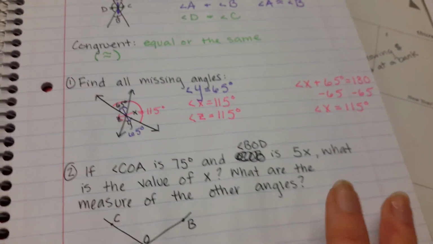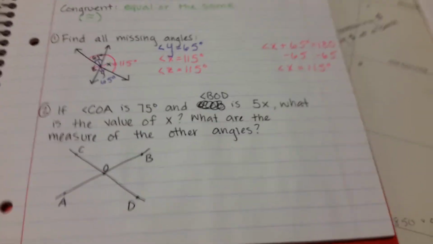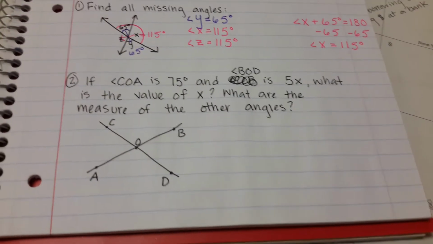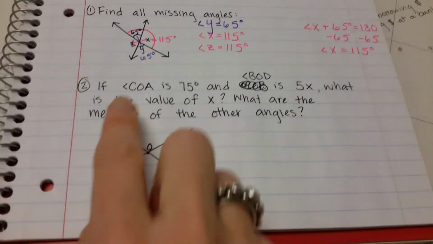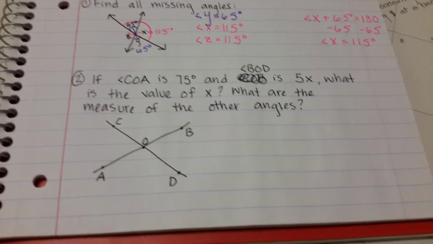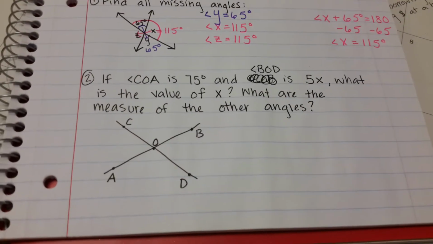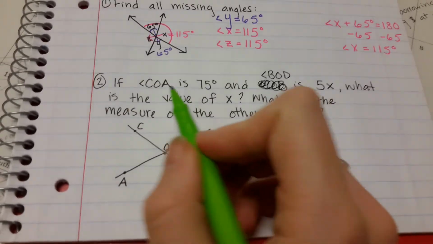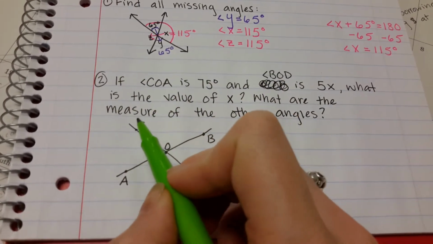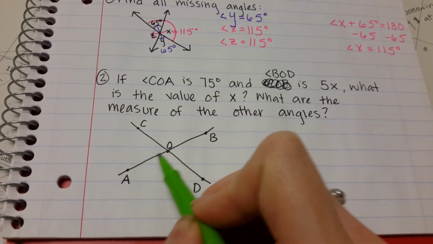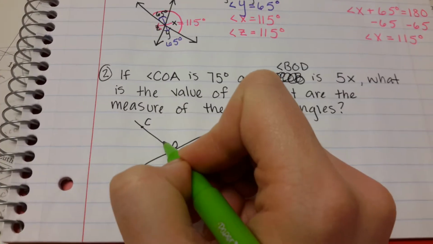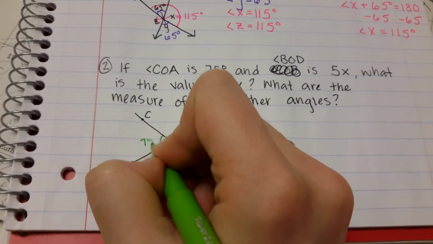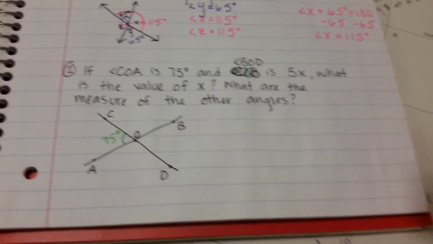Okay, let's try one more. This one has a little more algebra involved, but I think that we can handle it. Let's read the problem. If angle COA is 75, so let's go ahead and label that. When you need to label angles, you're just going to follow the letters. So I'm going to start at C, go to O, end at A. So angle COA is this angle, and our problem tells us that it's 75 degrees.